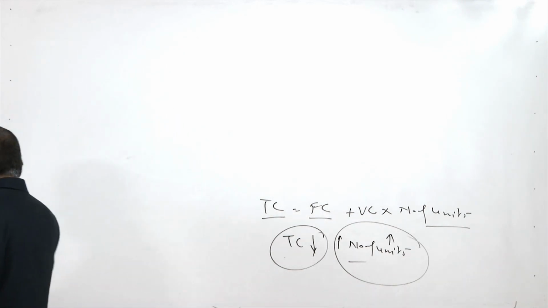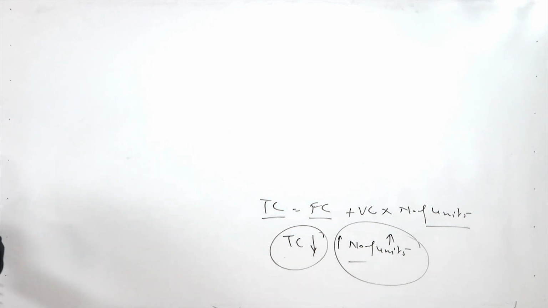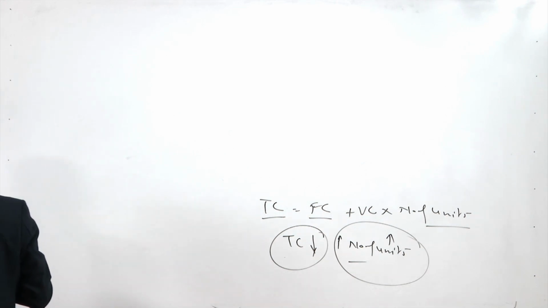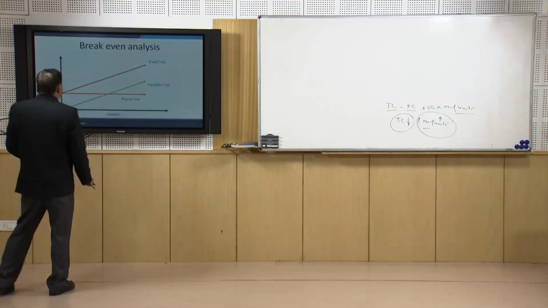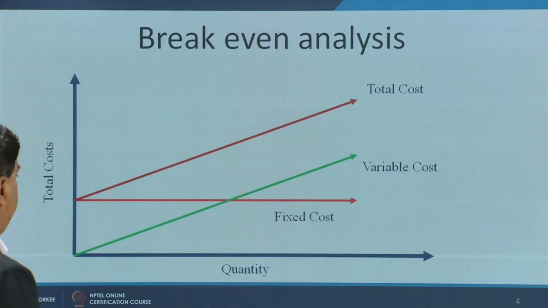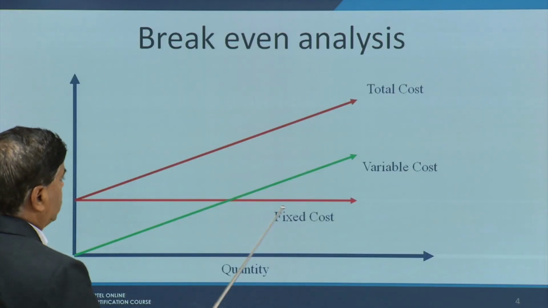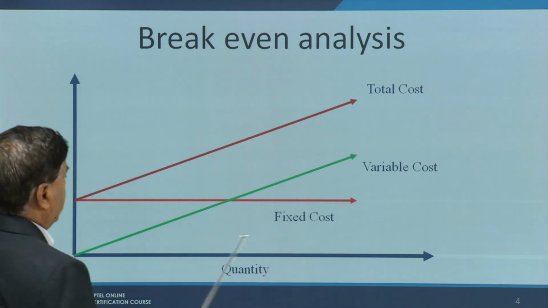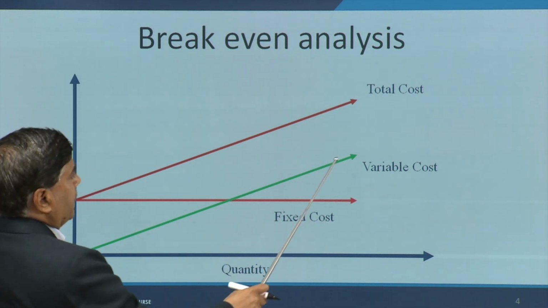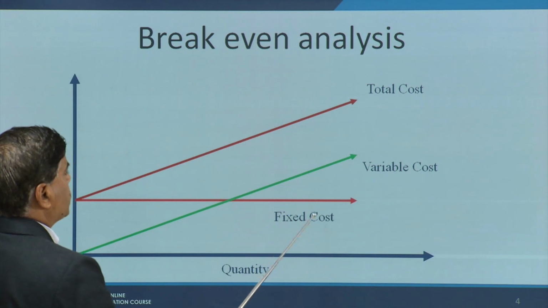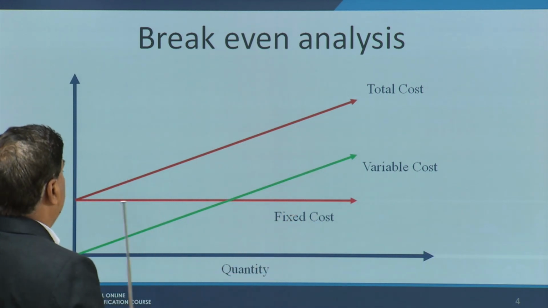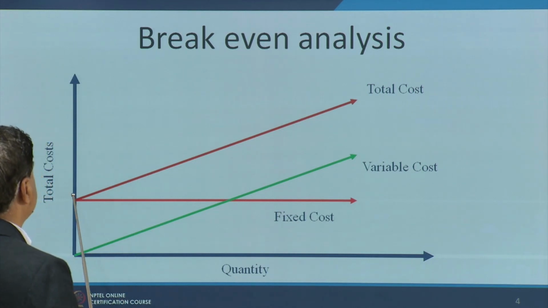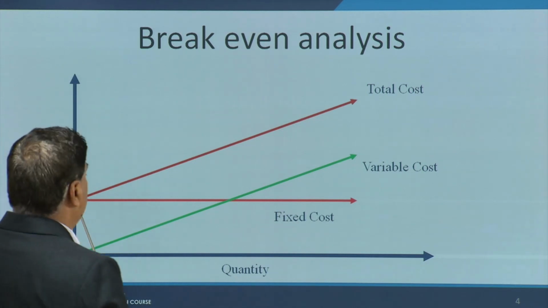Now we will see the graphical presentation related to this break-even analysis. Here, the horizontal line shows the fixed cost and the variable cost is shown by the green line, and the sum of these two is this line, which is parallel to the variable cost, starting at the level of the fixed cost.